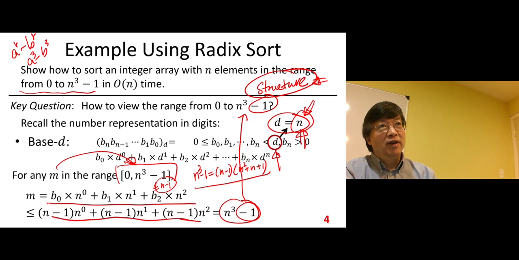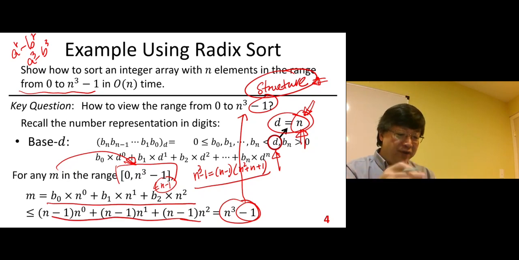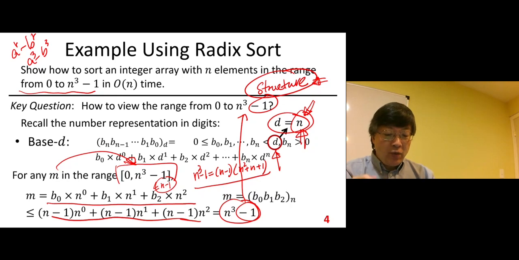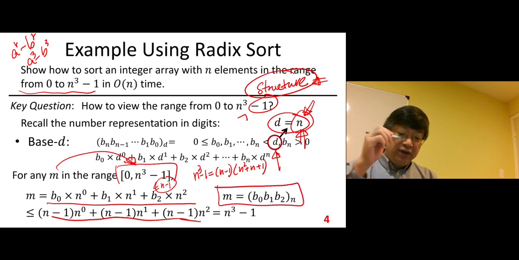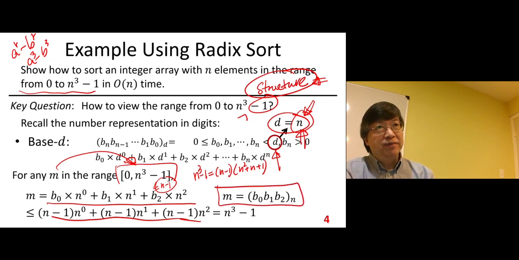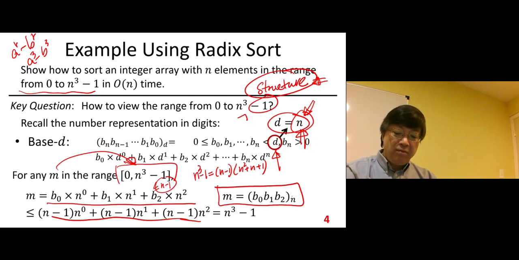So after this analysis, we can comfortably write m in this new format, a 3-digit representation in base n.